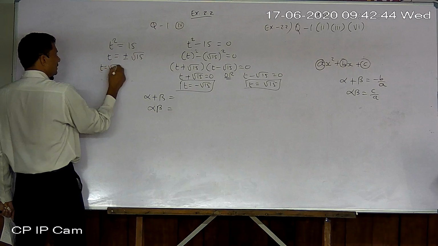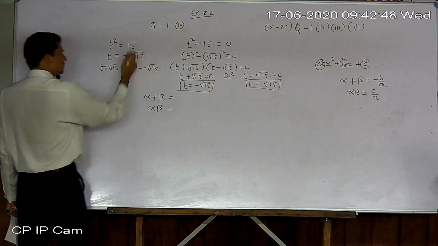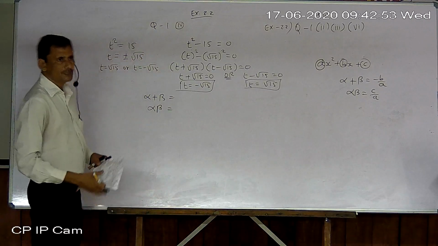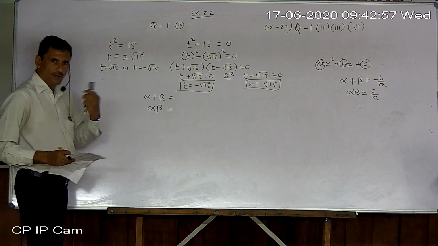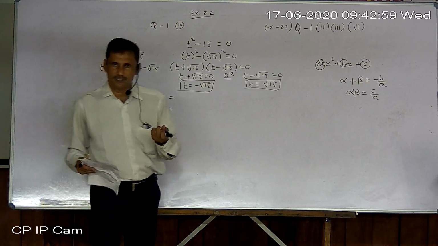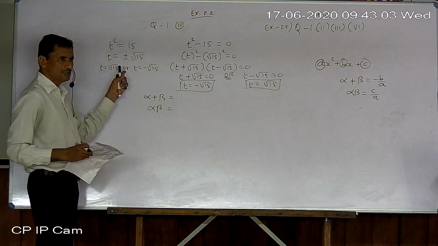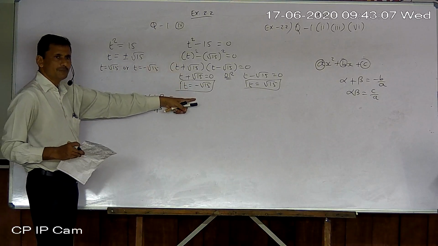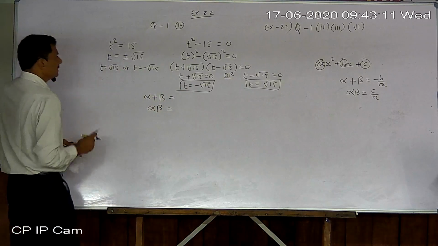So t is equal to root 15 or t equal to minus root 15. You can solve this way also. It is not wrong, but sometimes it creates problems. I am not going into that concept so deeply now. At this level there is no problem, but if you prefer this one, it is advisable.